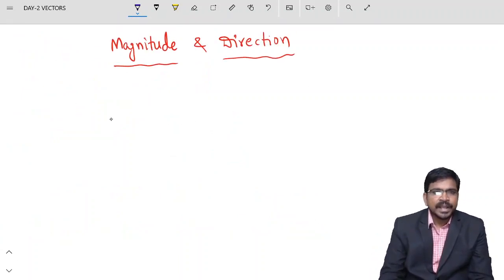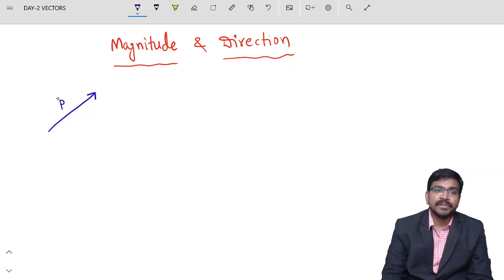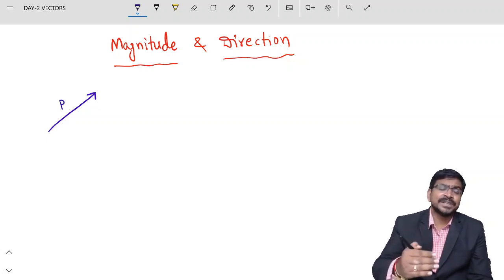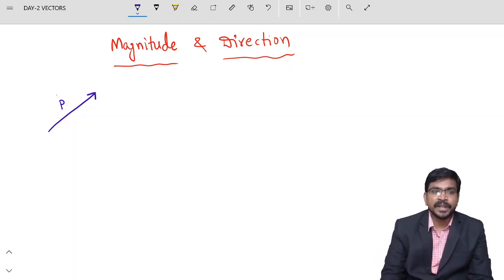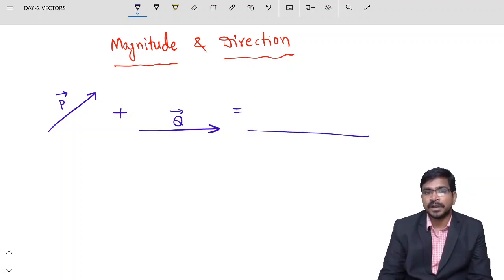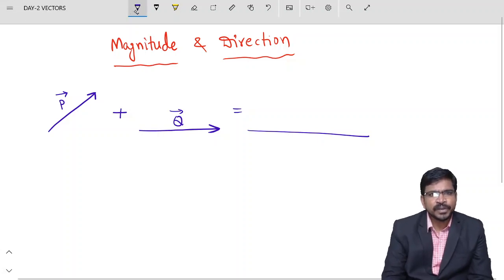A vector is given like this. Let me take this as P so that the terminology will be different; for the beginning of the discussion, we are following vector A and vector B only. P is added to a vector Q like this. What will be the resultant of this? Geometrically, we can add them.